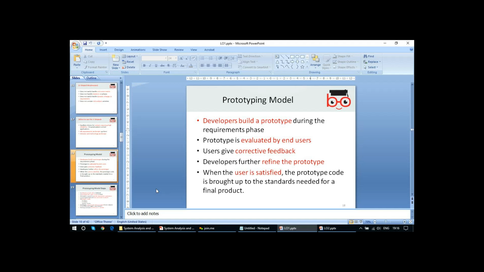However, the idea behind the type of models is given in these, like prototyping, V shape, and waterfall. There is one more, the spiral model. I think we will discuss it in the next session, and we will have sufficient time.